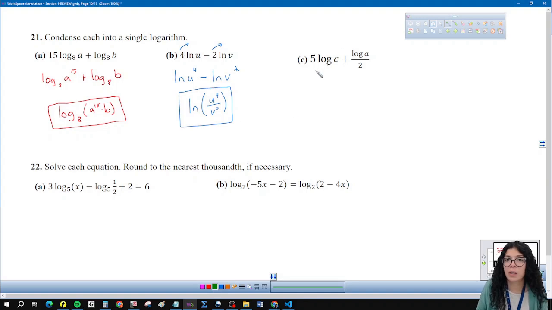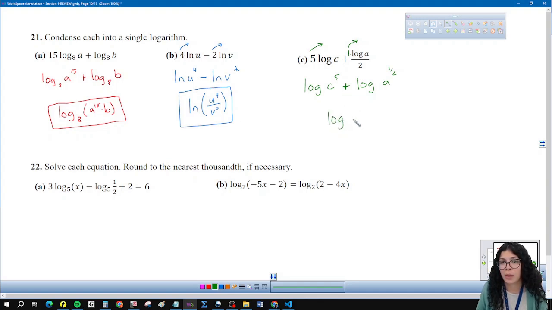All right, and the last one, part C. I'm going to multiply that 5 in front using the power rule, and this is 1/2 that's multiplying. I'm going to apply that power rule as well. So this is log c to the power 5 plus log a to the power 1/2. Next, apply the product rule. Plus means that it is a product.